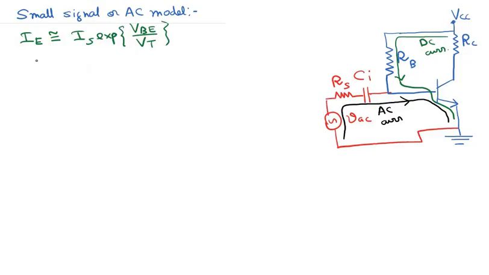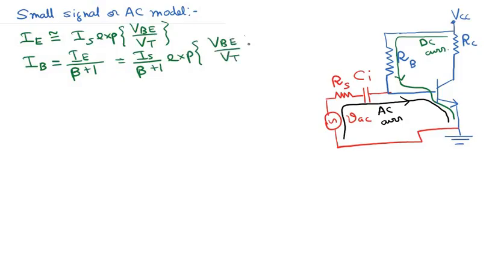So the base current IB is equal to IE divided by beta plus 1. So this is equal to IS divided by beta plus 1 exponential VBE divided by VT.